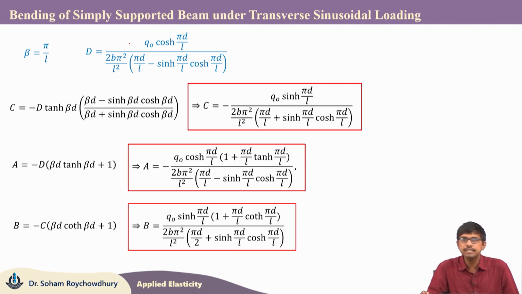So, this completes the solution. We had obtained D first, and then using the interrelation between A, B, C and D, we get all three other constants A, B, C in terms of the applied load intensity q naught, and those will be obtained like this.